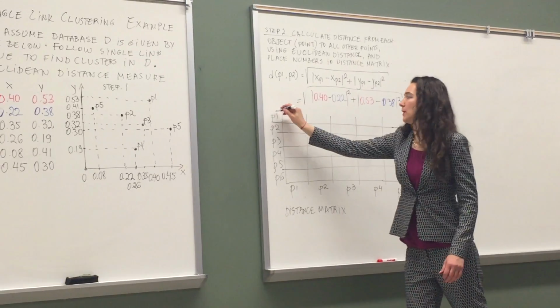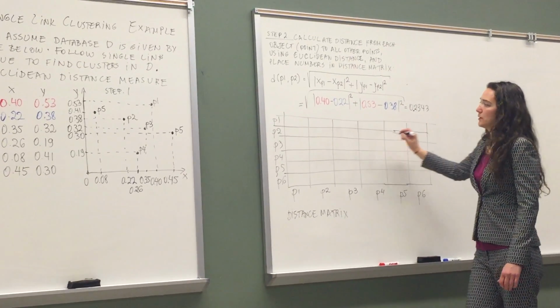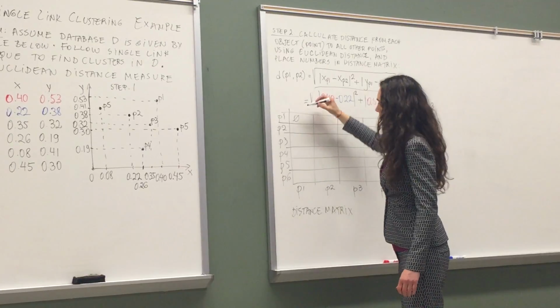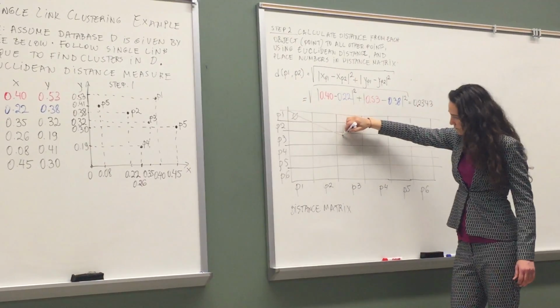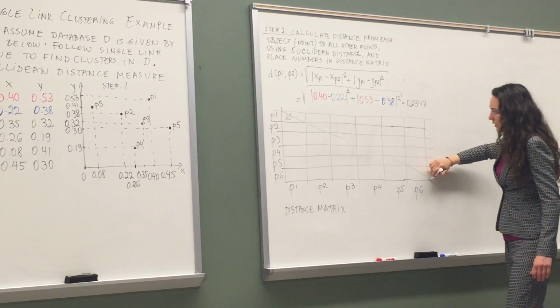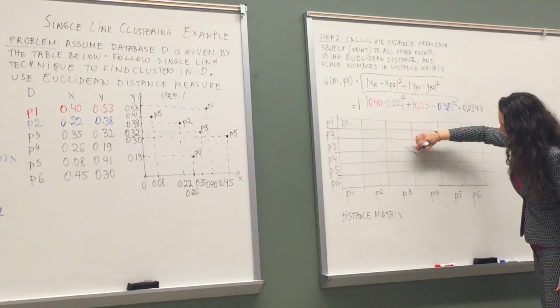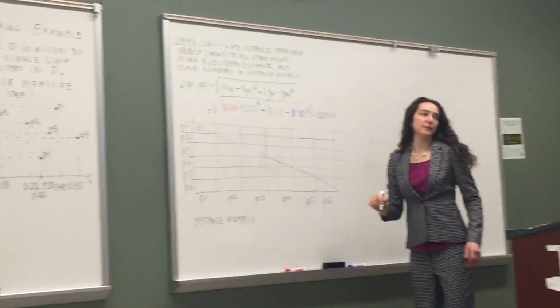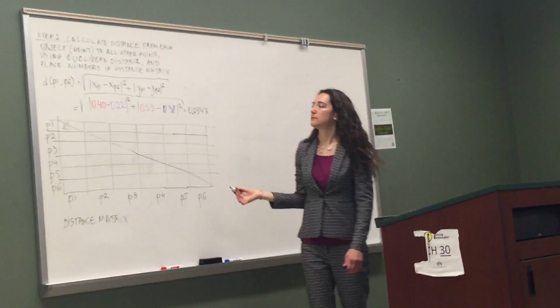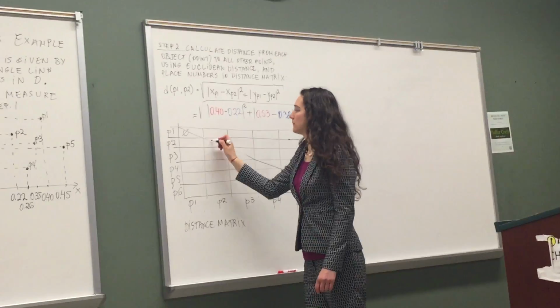So from point 1 to point 1, we will put a 0, and we would cross out the diagonal because we don't need it.